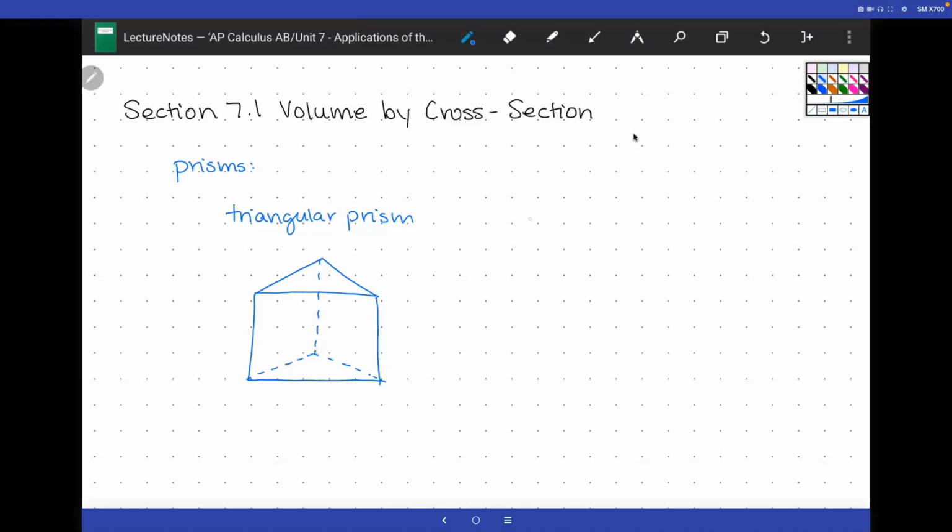We could have a hexagonal prism. This is going to be the only other specific kind of prism that we draw, but I'm going to make a flattened out hexagon because we're looking at it from an angle. Try to give it that 3D perspective. Like I said, I'm not the best at drawing these things. And then at the bottom, I'm going to try to draw the same one.